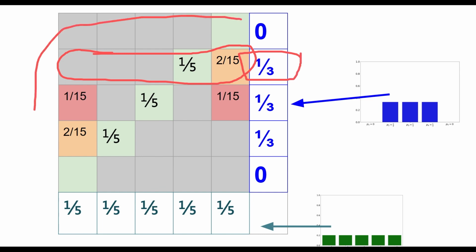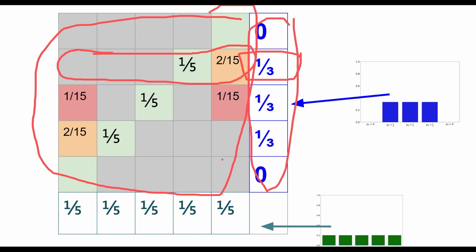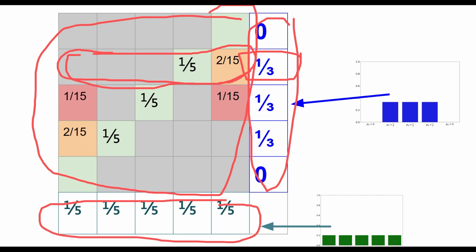Okay, so the whole board is called the joint probability, and the green and the yellow and the blue ones are called the marginal distributions of this joint distribution. Because these are marginal distributions, we have to follow certain restrictions, like the summation of the row is equal to the value in these blue boxes.